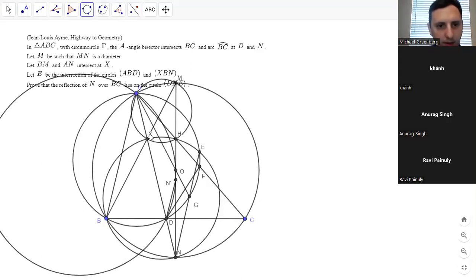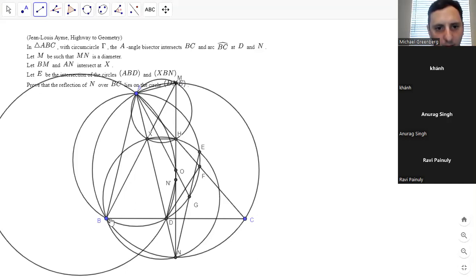So we have a lot of information here. This is probably enough to solve it, I'm sure. We can do it easily. Just note that angle BMN will be equal to BAN.